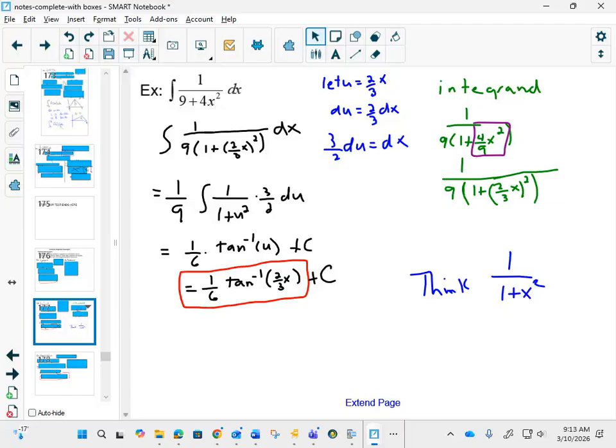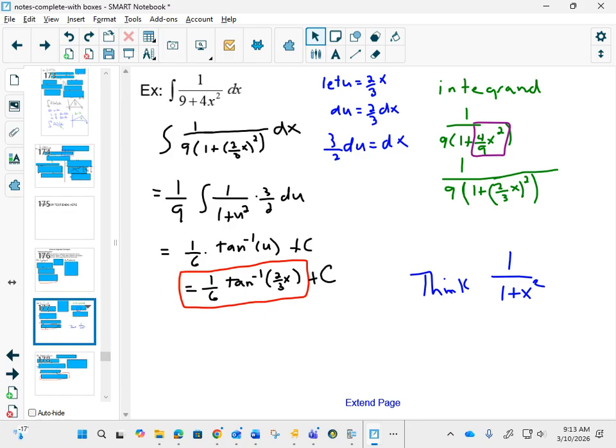So the biggest trick to integrals is really knowing our derivatives well, because we have to be able to recognize things. First of all, if you have a straightforward derivative that you recognize, perfect, your integral is easy. Then, sometimes you have substitution. So I would look at this 9 plus 4x squared on the bottom.